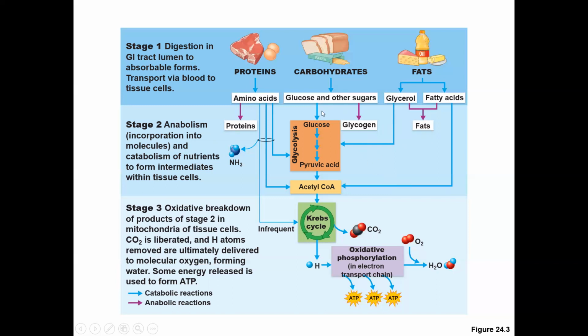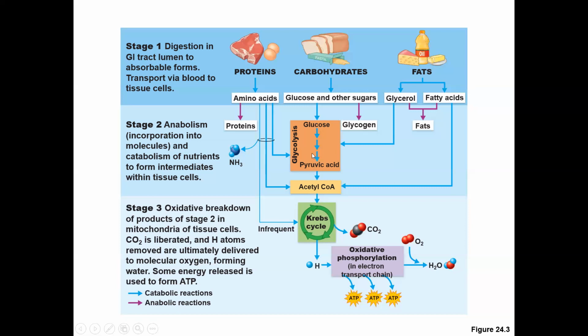But the carbohydrates are converted to glucose, and glucose can form glycogen for storage, or glucose can undergo a process known as glycolysis. We start the breakdown of glucose to release energy, called glycolysis. And that takes place in the cytoplasm, nowhere else.